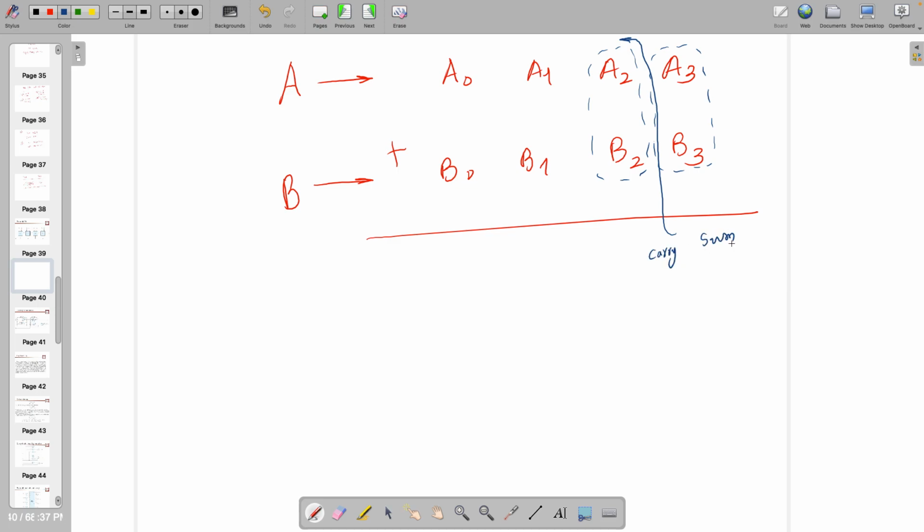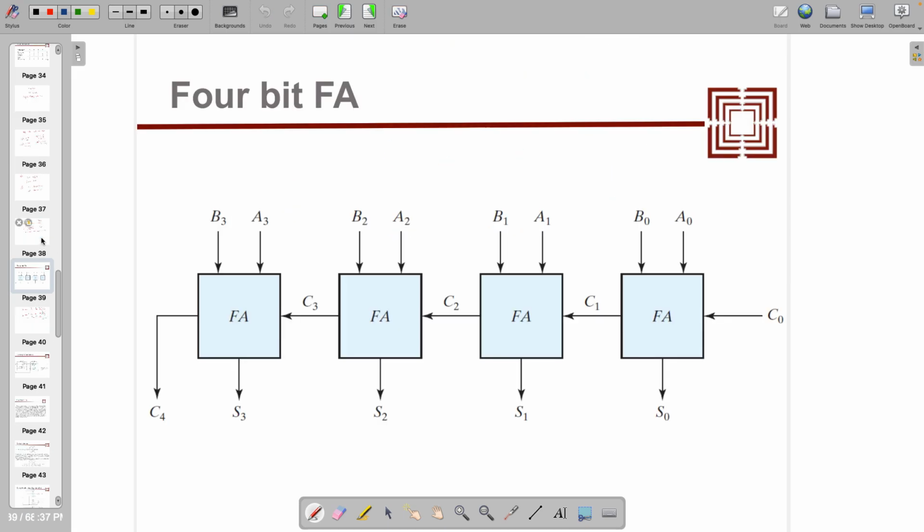And here there is one sum. So at the beginning you might require only a half adder, and later on each one of them requires full adders, as there are some C0, C1 and C2, means carries are created and they are going to be added with these numbers, right? In the previous diagram, we have initially used the C naught as a carry.